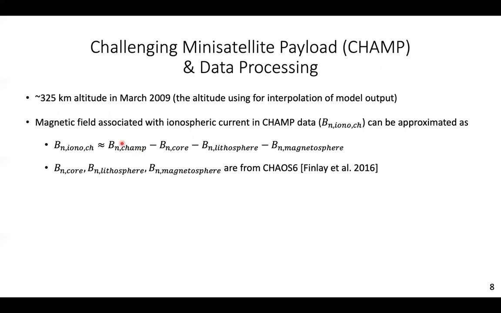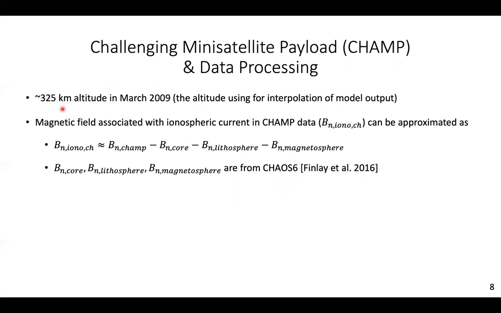For the observation, we plot the CHAMP data, a mainly satellite payload. In March 2009, the satellite was at 325 kilometers altitude. This is the altitude we utilize to interpolate our model result.